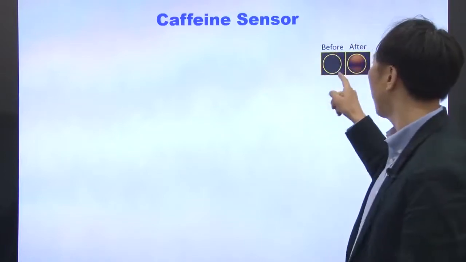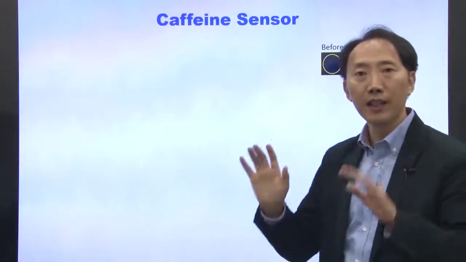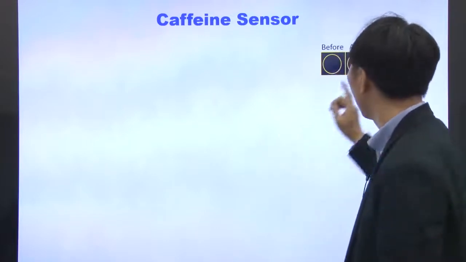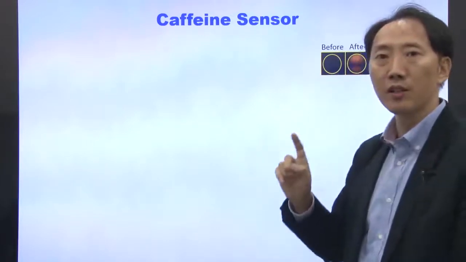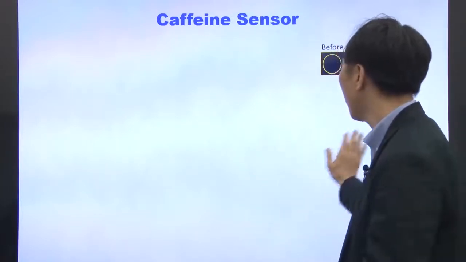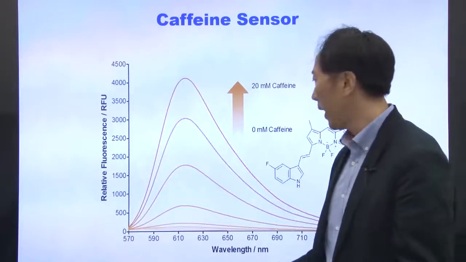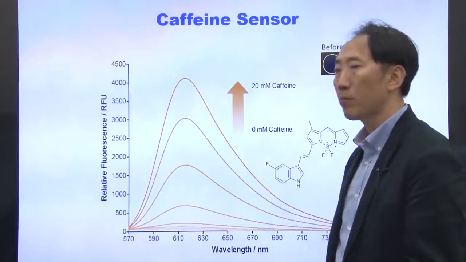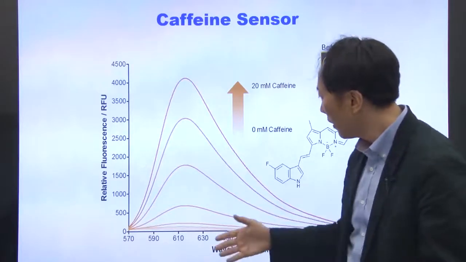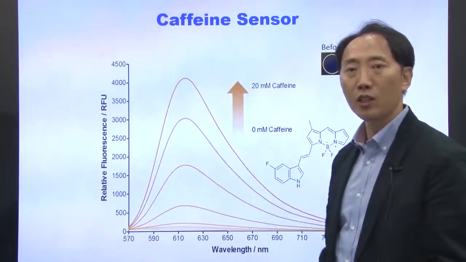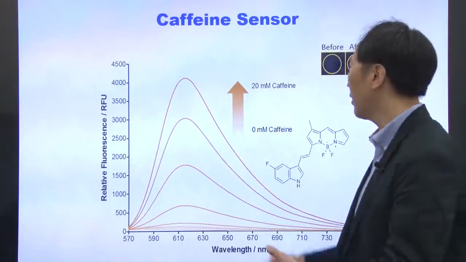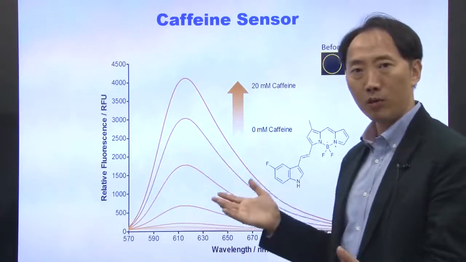This is without caffeine, this is with caffeine, and we take pictures and find out that with caffeine it changes color to orange. Maybe this molecule you may call caffeine orange. Of course, using a spectrophotometer, if you can see a dose-dependent or concentration-dependent increase, then this material can be publishable.